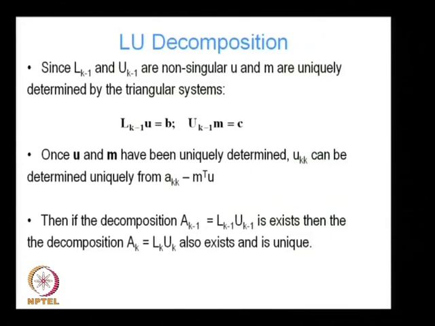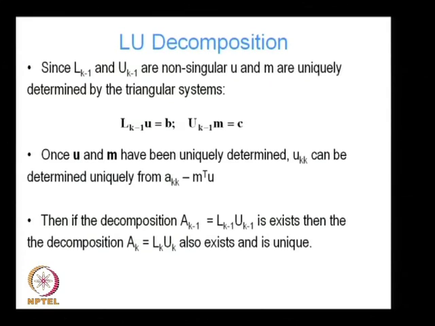So, once we have determined u and M uniquely, Ukk can be uniquely determined from Akk minus M transpose u. Thus, if the decomposition Ak minus 1 equals Lk minus 1 Uk minus 1 exists, then the decomposition Ak equals Lk Uk also exists and is unique.